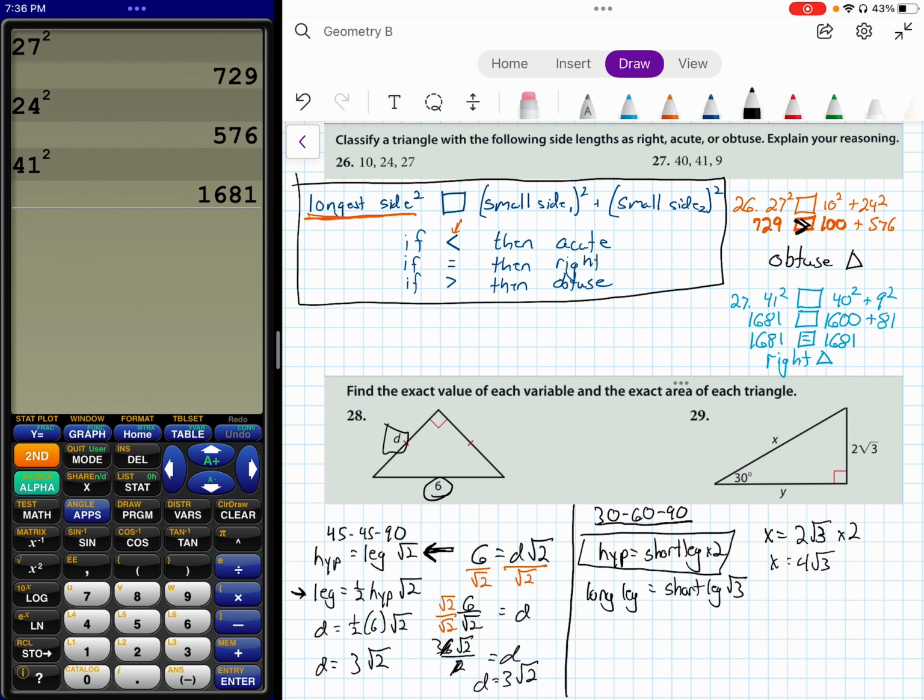And then to find y is the long leg, so now we're using the bottom equation. The long leg, y, equals the short leg, which is 2 times the square root of 3, times the square root of 3. Well, the square root of 3 times the square root of 3 is just 3. And so y equals 6.